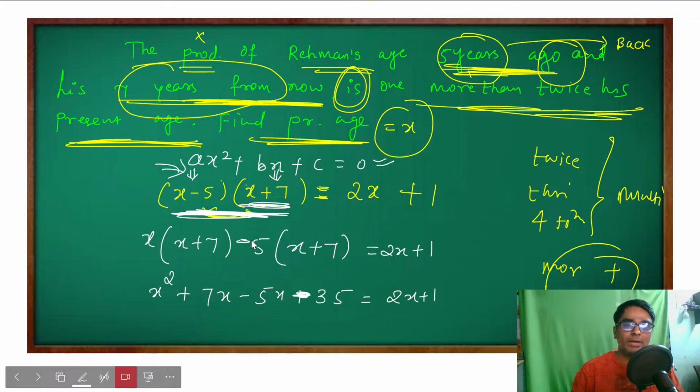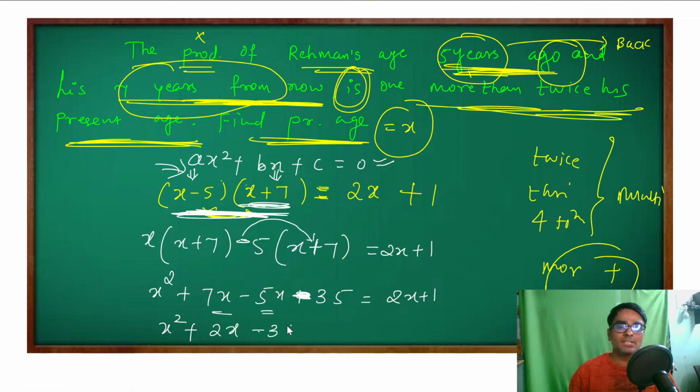Here minus, here plus, so minus into plus will be minus. Now x square plus 7x minus 5x, 2x minus 35 equal to 2x plus 1. Now this side 2x and this side 2x both will get cancelled.